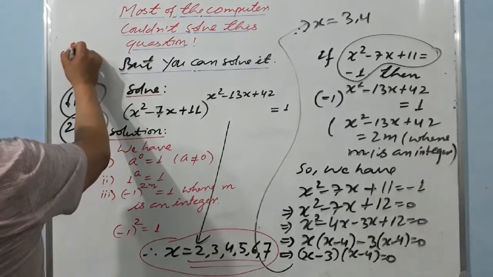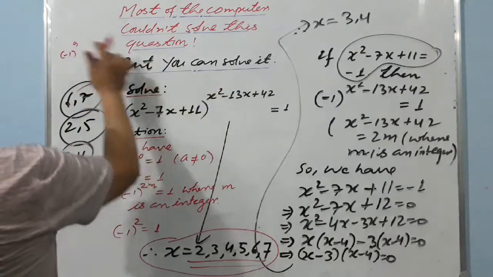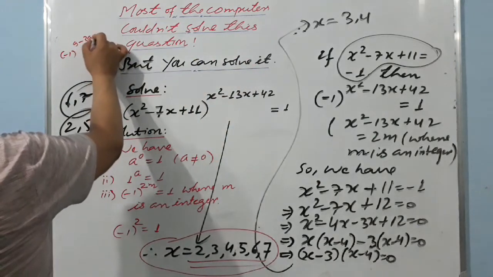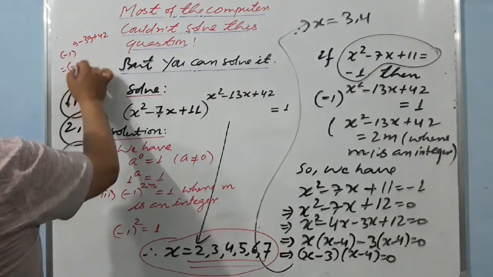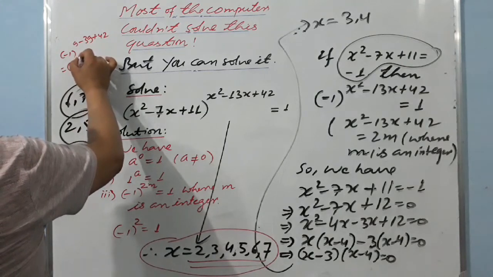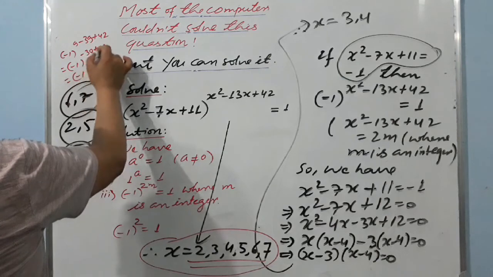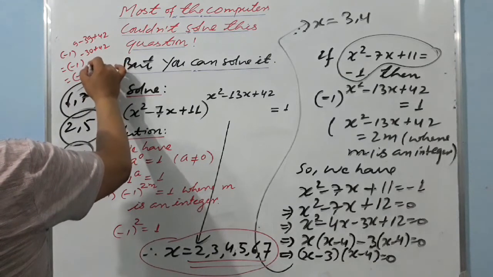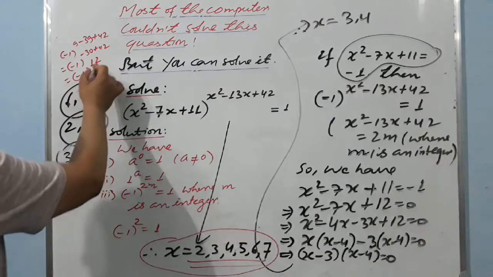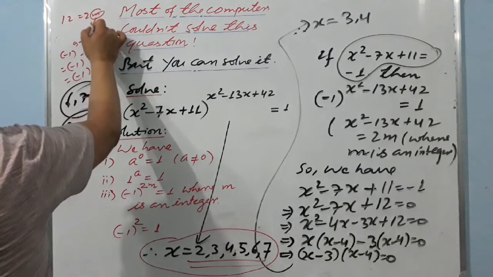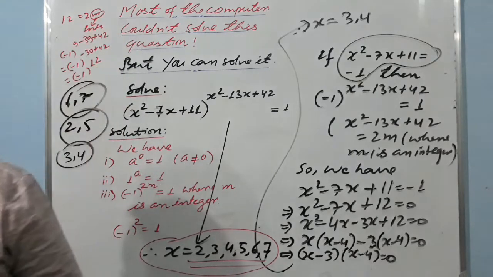If you use 3, then 3 square is 9, minus 13 threes are 39, plus 42 is equal to minus 1. And here the exponent is minus 30 plus 42, which is 12. Yes, 12 is 2m, and m is an integer.